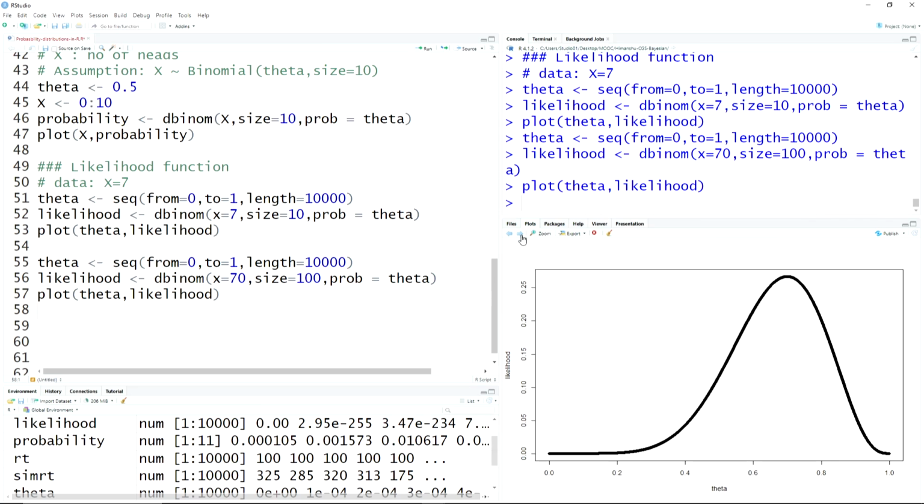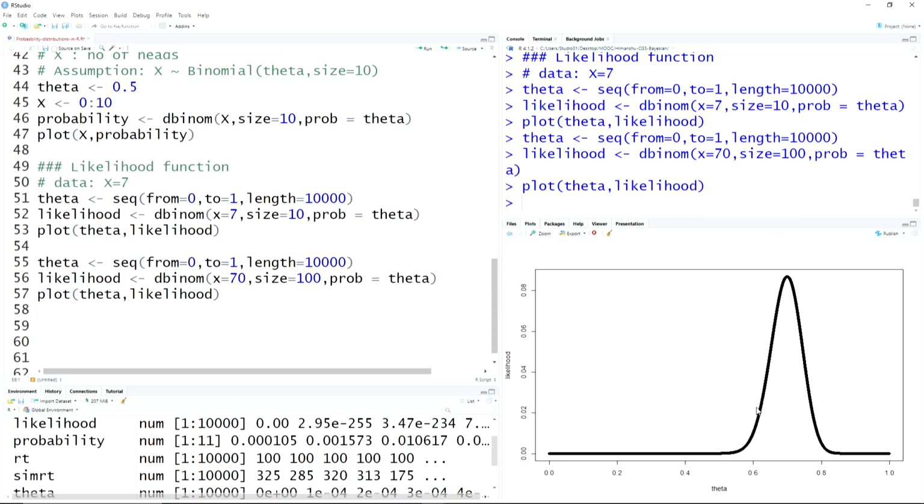When the data is large, you have less uncertainty. And that is a very important point as we go further in doing statistical inference. When you have more data, it reduces uncertainty in parameter estimation. When you have less data, you will always have a lot of uncertainty in parameter estimation. So, if you want to do reliable statistical inference, you should have a larger sample size.